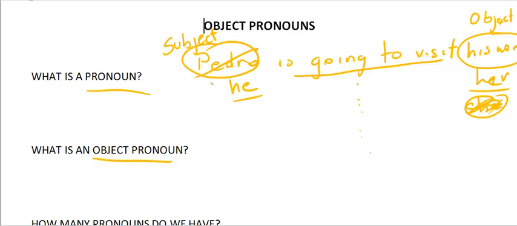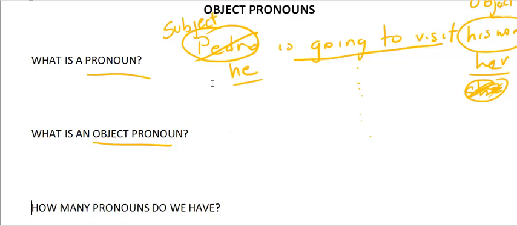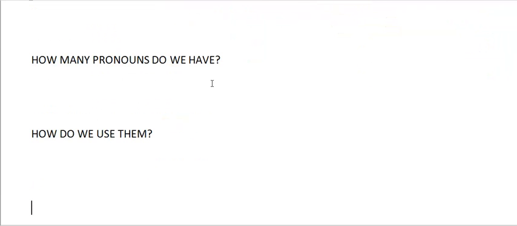So the next question is, how many pronouns do we have in Spanish? In Español we have 11. Okay, we have 11, but here in the United States, you only need to learn 10.